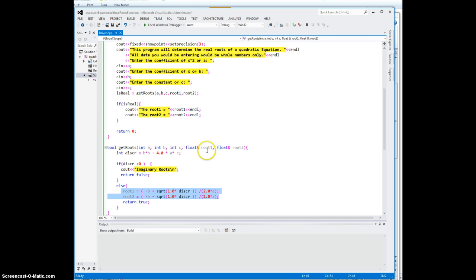And remember, when we pass by reference, the variable's memory address is passed, so the function can change the values, and if that happens, then those are printed here. Okay, so this is another example of passing data to a function by value as well as by reference. Hopefully you understand that a little better now, and I'll have this example available on D2L.